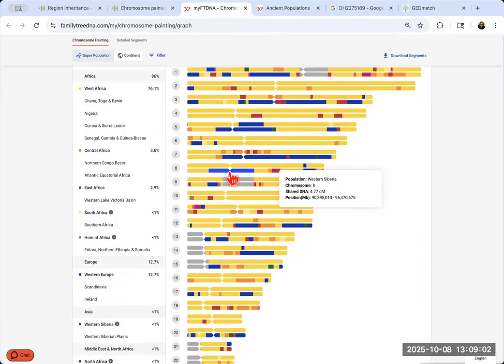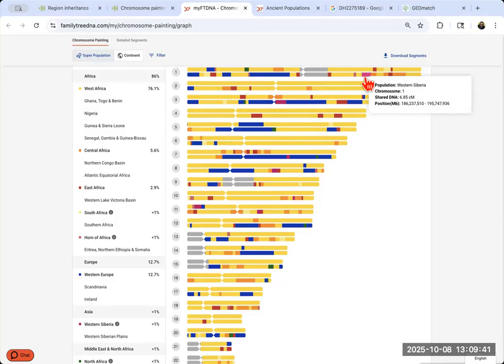But chromosome 8 over here is made up of West Africa, Western Europe, that's again West Africa, Western Europe again. We have Central Africa, Western Siberia, West Africa, Western Europe, Horn of Africa, West Africa, and Central Africa. It is not the only one with Western Siberia. Chromosome 1 also has Western Siberia, and I think there's another one.